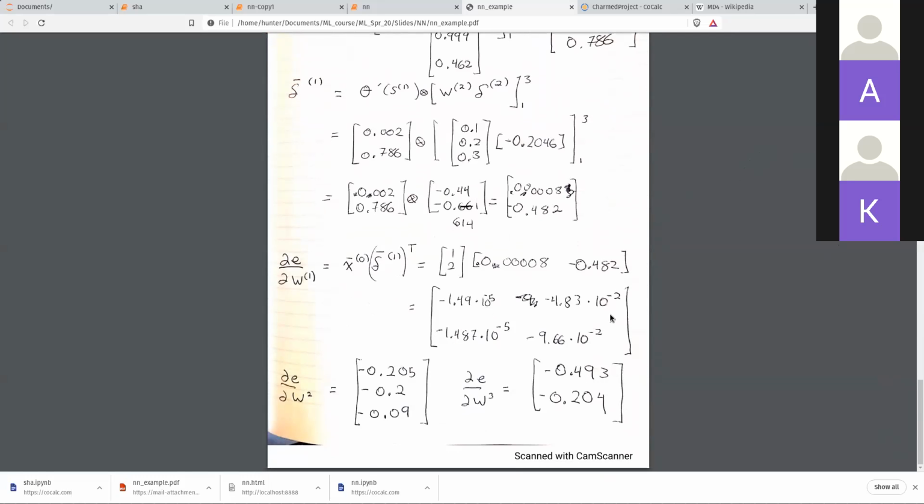And just to give a brief preview of what we'll talk about next week, notice that here you have the gradient for the first transition matrix. The values are pretty big for the last transition matrix and for the second transition matrix. But by the time you get back to the first layer, these values are tiny.